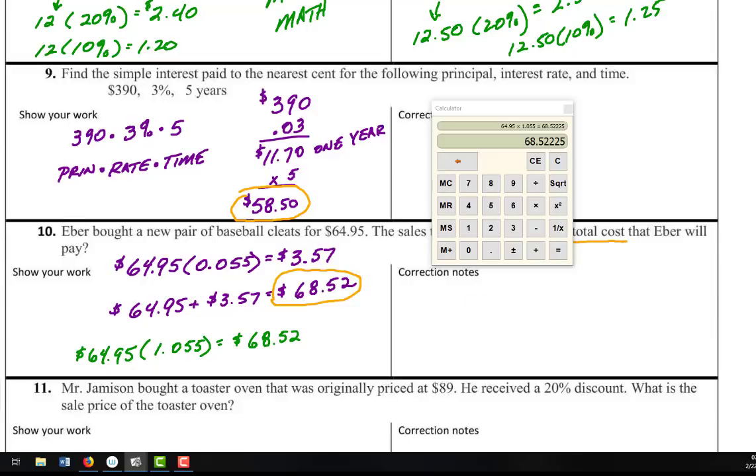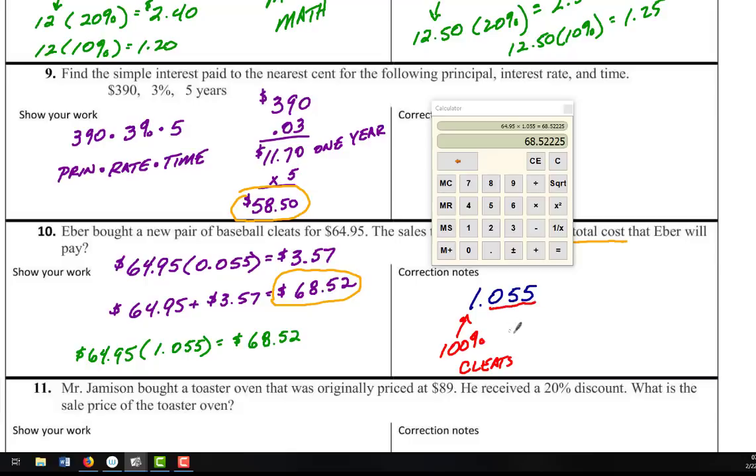And the reason that works is that when you multiply by the 1.055, the 1, which is 100%, is the cost of the cleats.